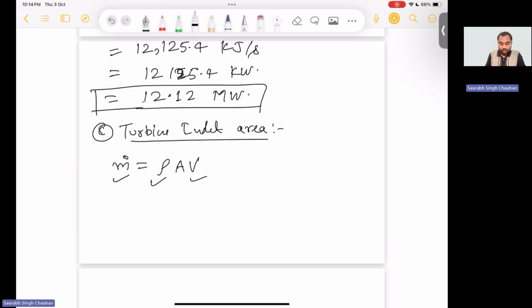Okay, rho you can find from ideal gas equation, and a we have to find.